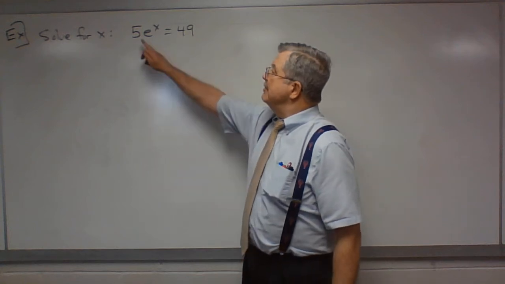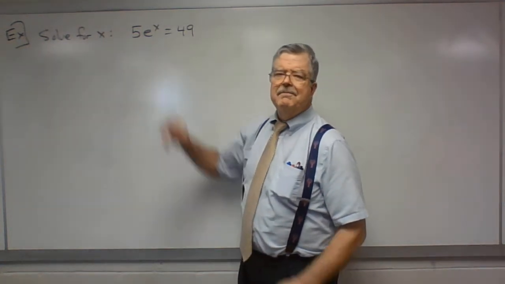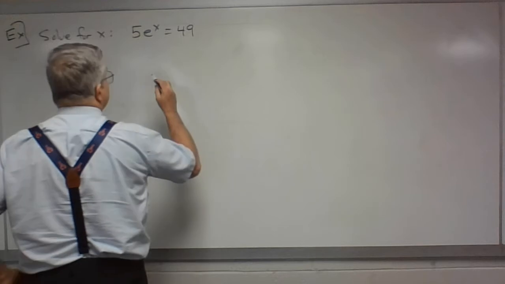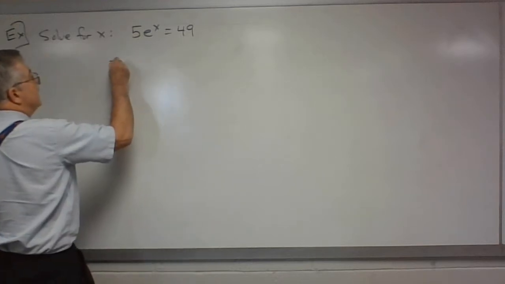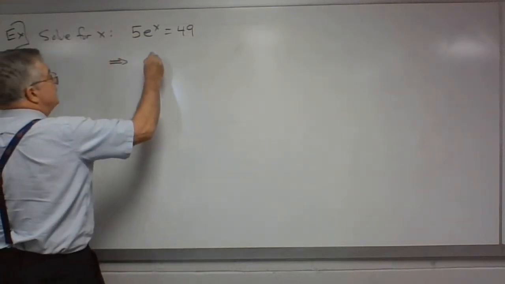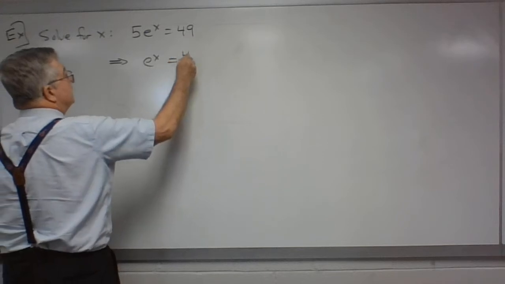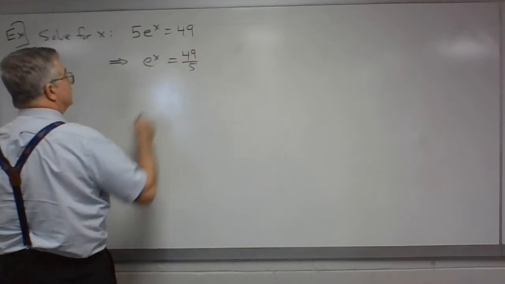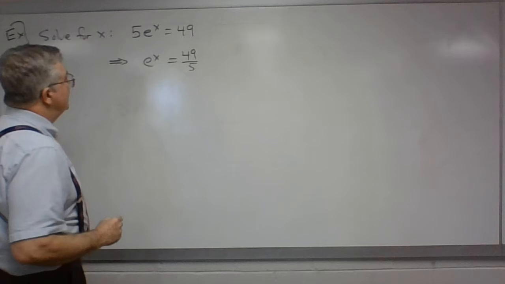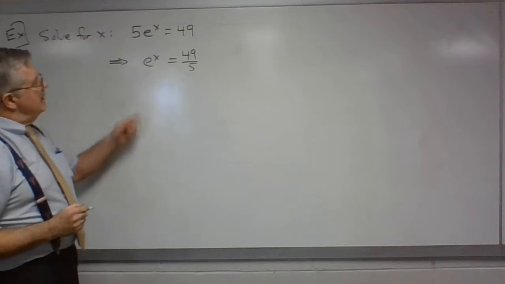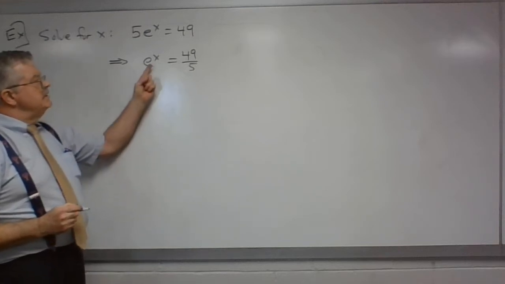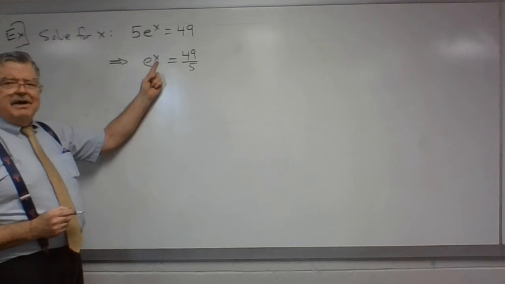So here's what I'm thinking. The first thing I want to do is get rid of this 5. I'll divide both sides by 5. And I'd really love to get x on this side by itself, but how do I do that?